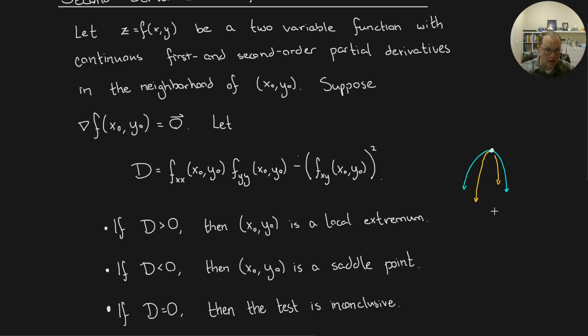Either they're both negative and we have a local maximum, or maybe they're both positive and we have a local minimum. Okay? So that's what's going on here. If both of these are either both concave up or both concave down, then when we multiply them, because they have the same sign, we'll get a positive number. Okay? And that could indicate we have a local maximum or local minimum.